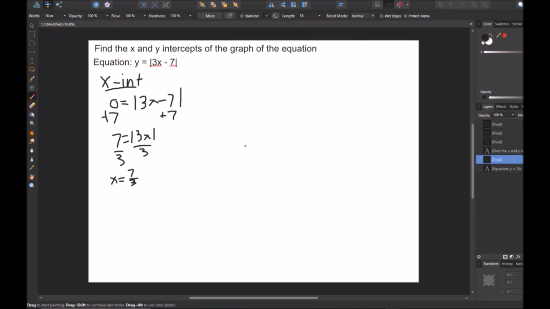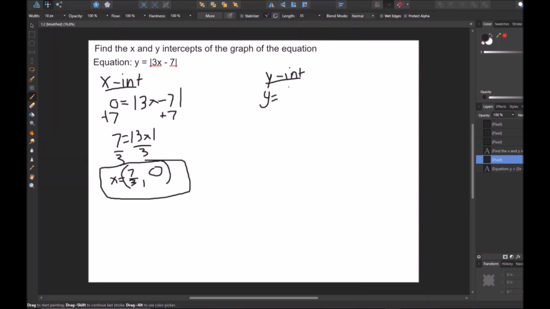And then for our y-intercept, we are going to plug in 0 for x. Actually, this is supposed to be an ordered pair since it's an x-intercept, so it's 7/3 comma 0. For our y-intercept though, we're going to plug in 0 for x.